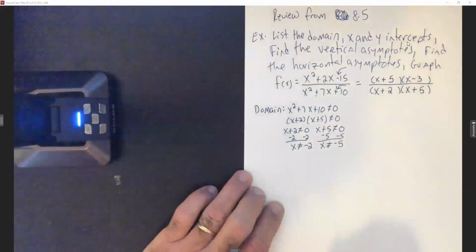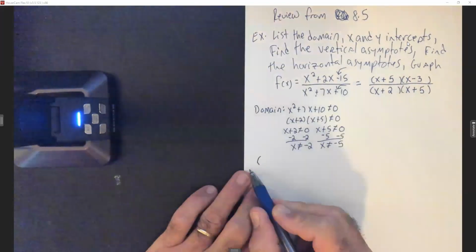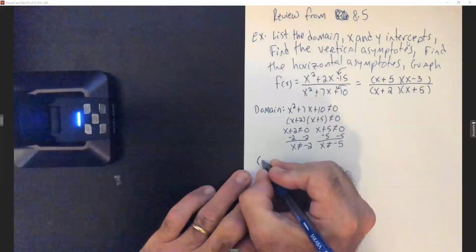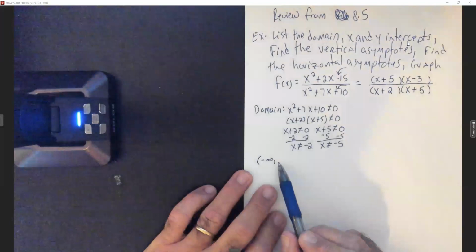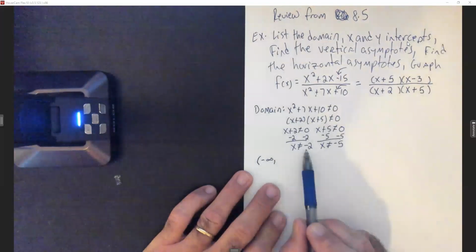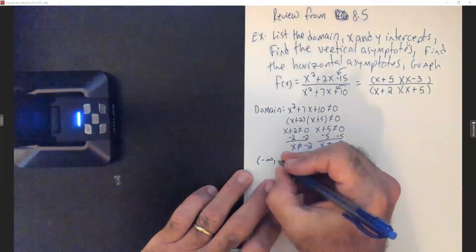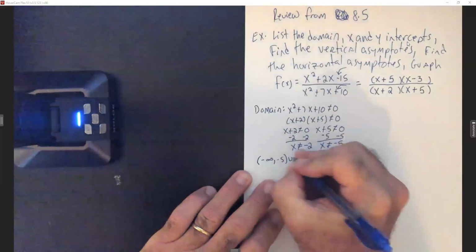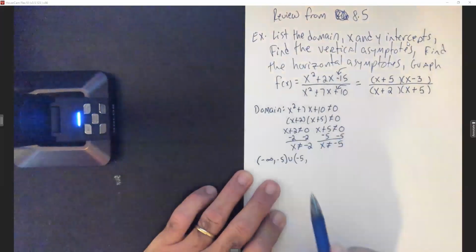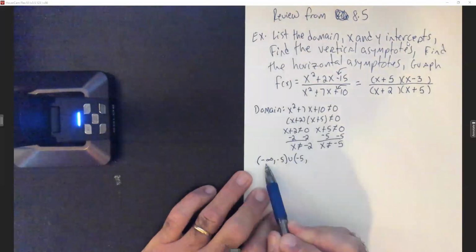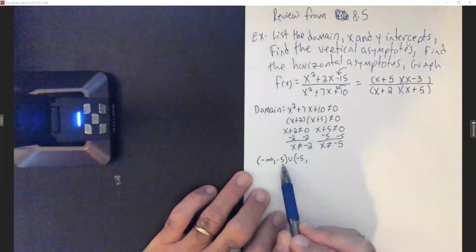Now remember, in interval notation, the domain has to start on the left side, which is negative infinity. And then you go through the x values until you come to the first number here. Well, the first number you're going to hit going left to right is negative 5. So we're going to union around negative 5, because that's how we kick these numbers out of our domain, by unioning around it. So I can go from negative infinity up to negative 5, but since these are curvy, I cannot equal negative 5.